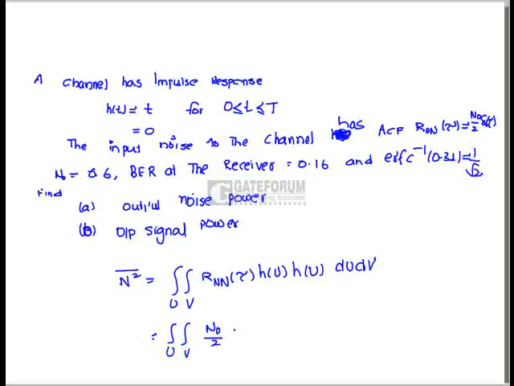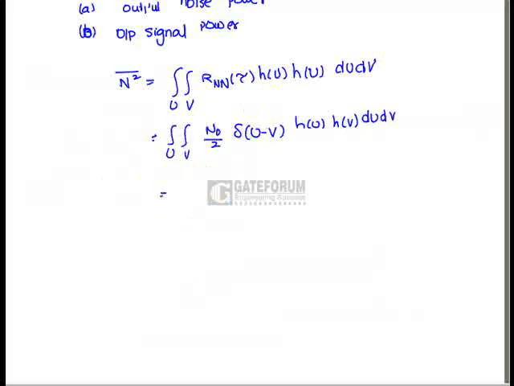N naught by 2 delta of u minus v h of u h of v du dv, which gives the relationship between the output noise power, the input autocorrelation function and the impulse response of the channel, whose value equals n naught by 2 times the integral of h of t whole square dt, which equals 0.1 t cube.